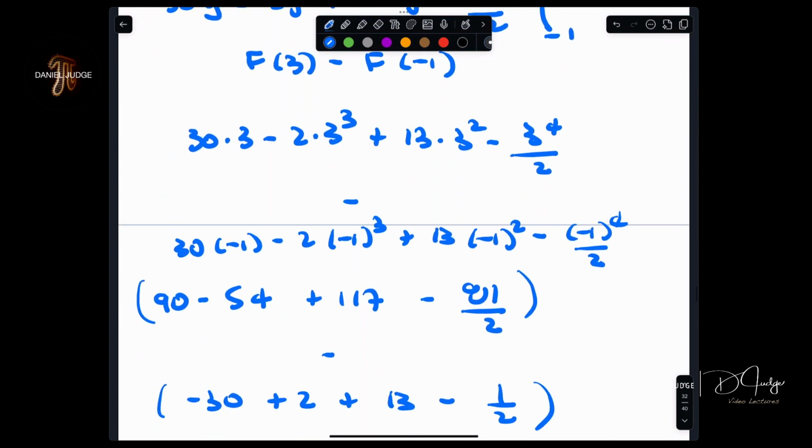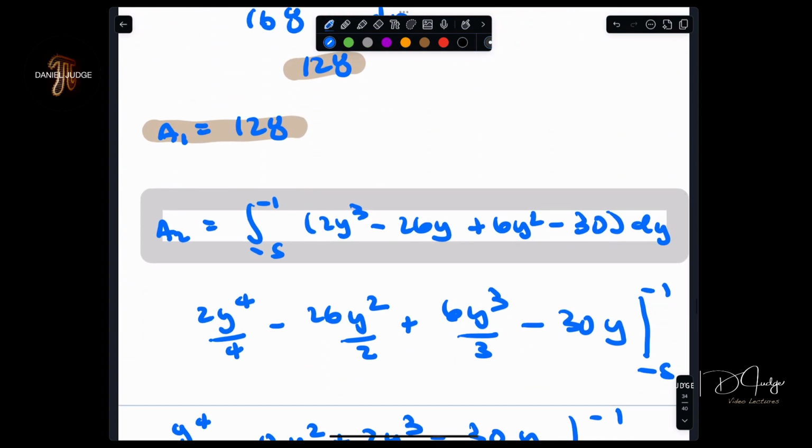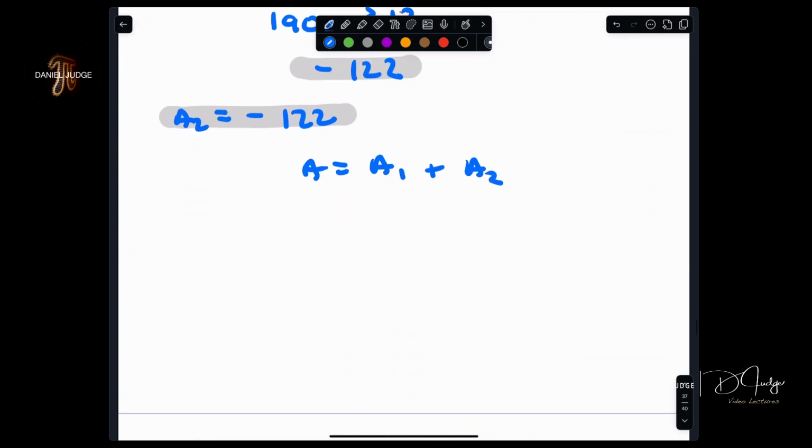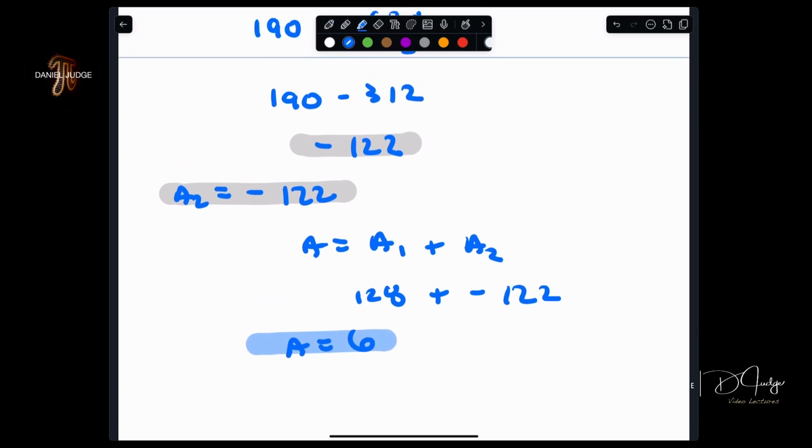I barely remember you. 128. So we got 128 for A1 plus the negative 122. So it looks like my area is just 6. Nice. Your area is 6.